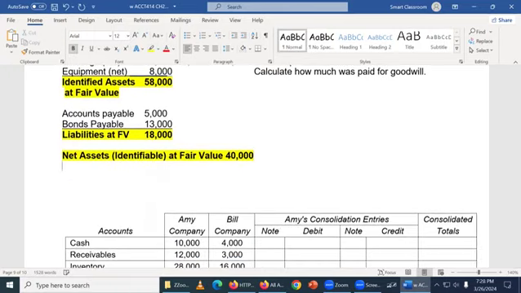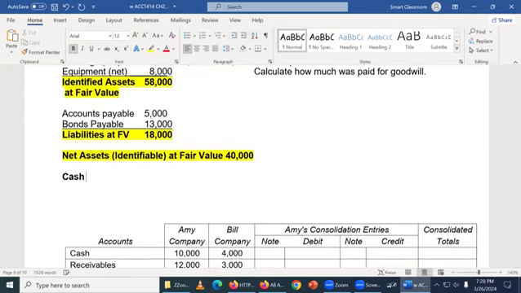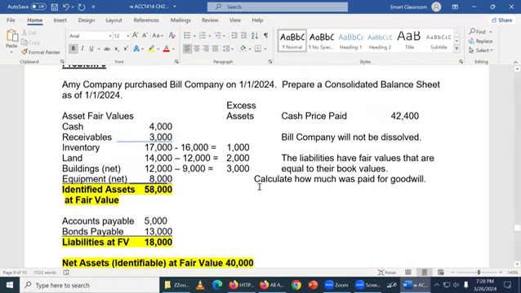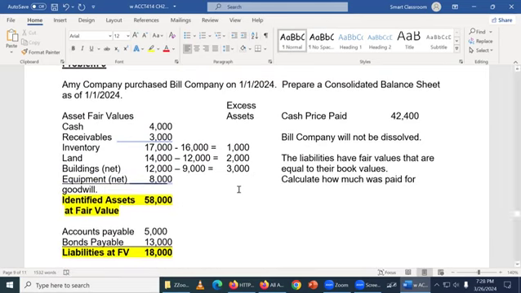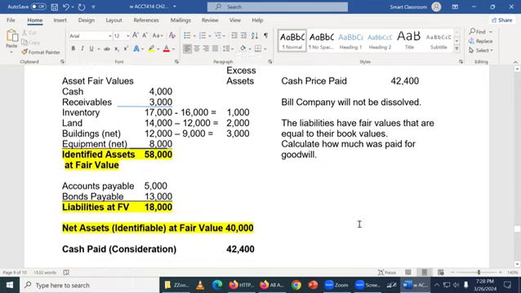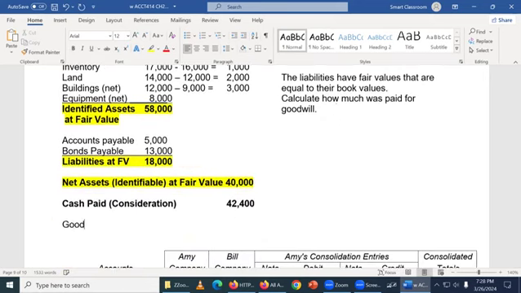We call that consideration sometimes. And so that would mean we have goodwill of the unidentified assets, 2,400.